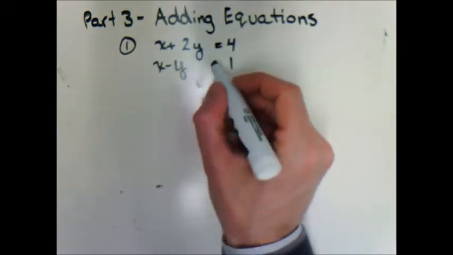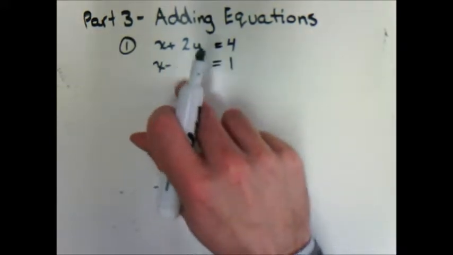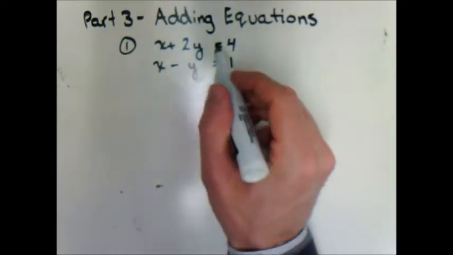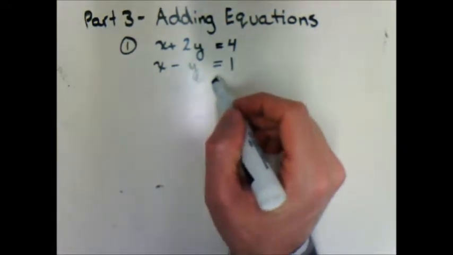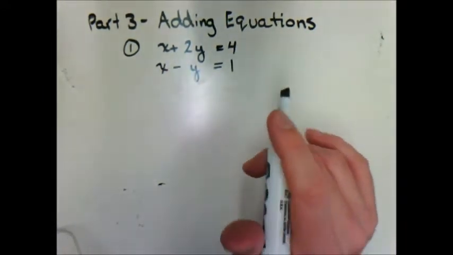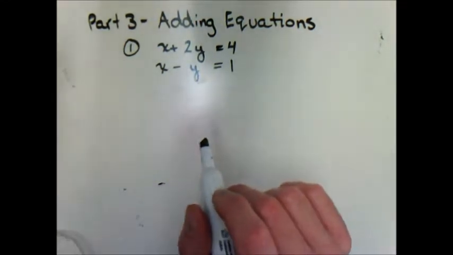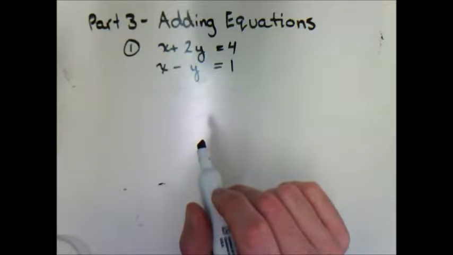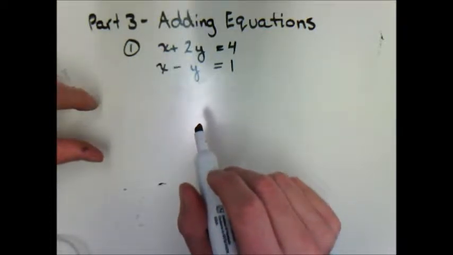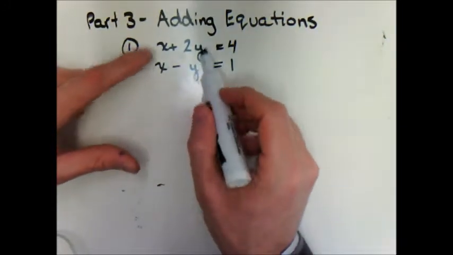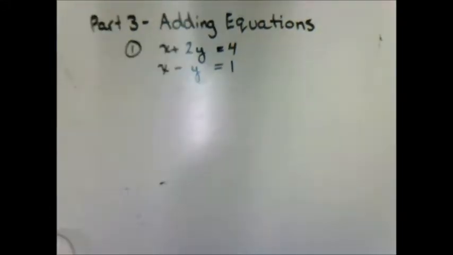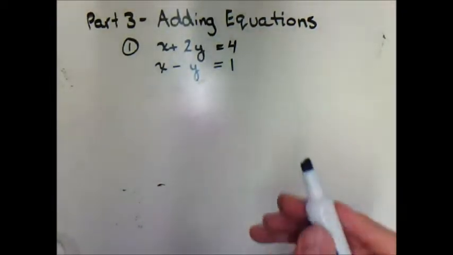Now when you're adding equations, you kind of want your terms to be lined up underneath each other and your equal sign to be lined up underneath each other. And what it says to do is add equation 1 and equation 2 to form a new equation. We're going to add the left sides together, and then we're going to add the right sides together.